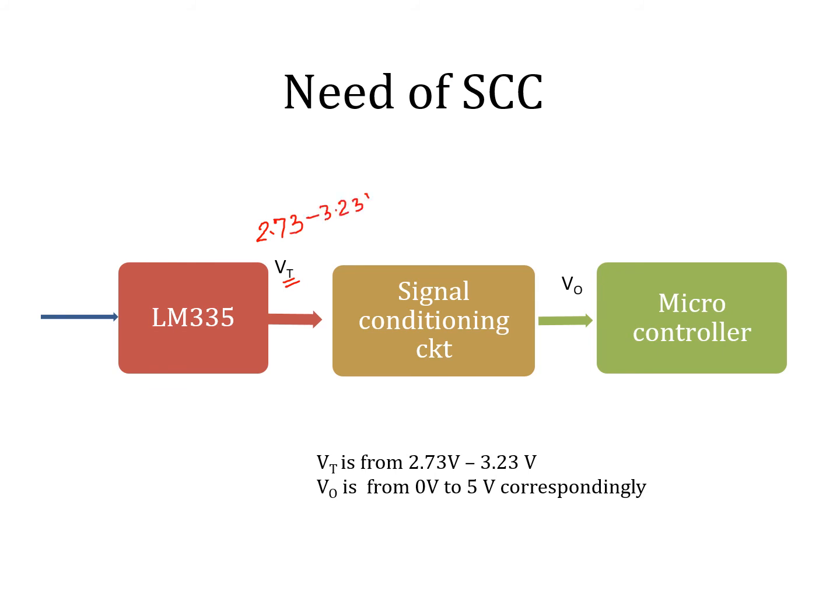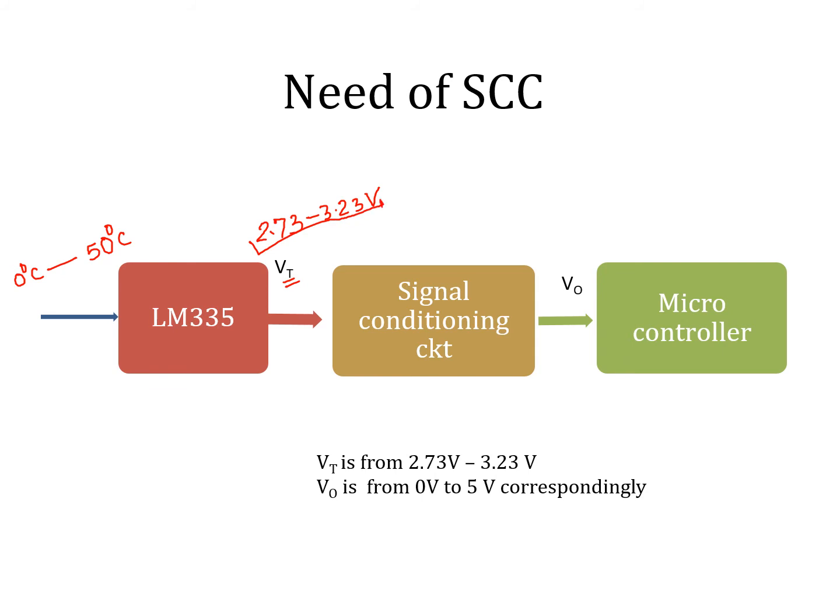3.23 volt only. Because we know that the minimum temperature on the initial side is 0 degree centigrade, and the maximum temperature which may vary is up to 50 degree centigrade. So this range is fixed, and we have to design the circuit corresponding to this.